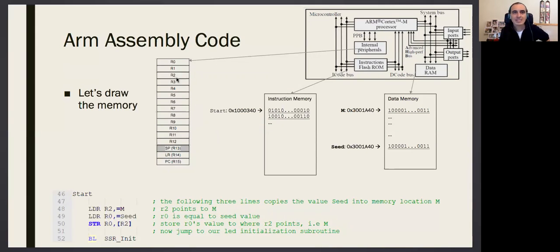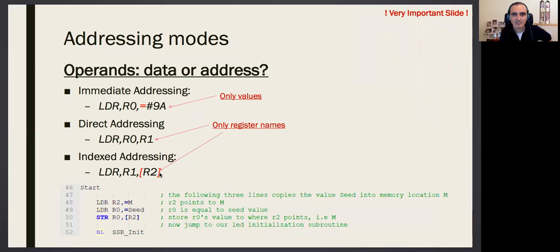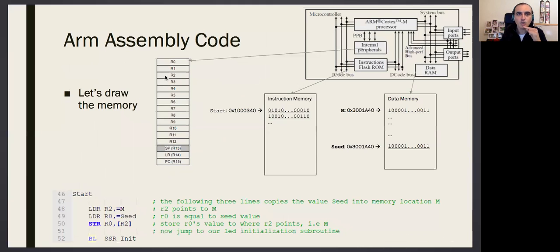Okay, so since I have square brackets here, this must be an address value. It is pointing to somewhere. So in R2, I have this value. I'm going to go to this memory address, get this value, and write this value to R1.